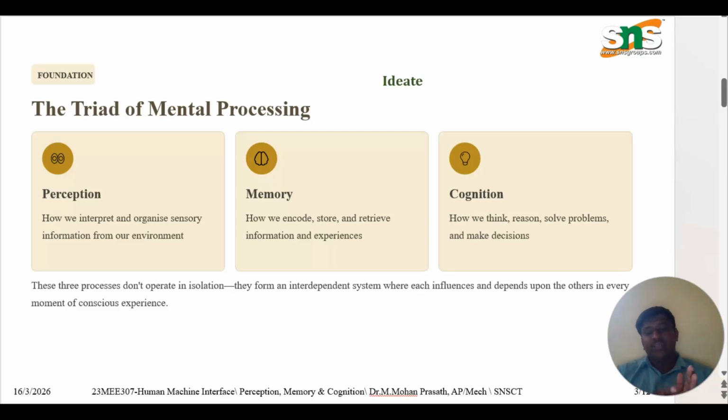Next, the encoded information is sent to cognition, which performs thinking, reasoning, solving problems, and making decisions. Finally, these three processes do not operate in isolation. They form an interdependent system based on the user experience.